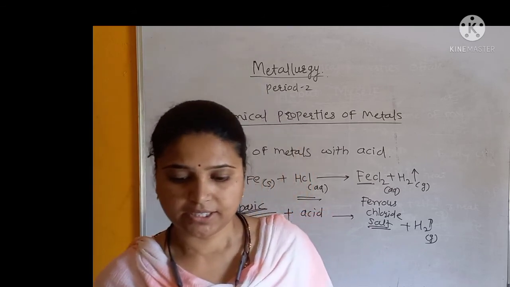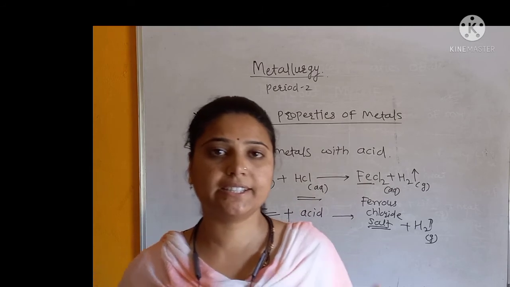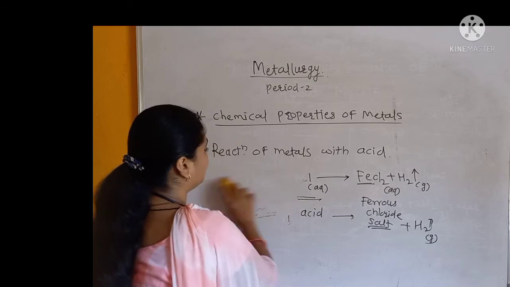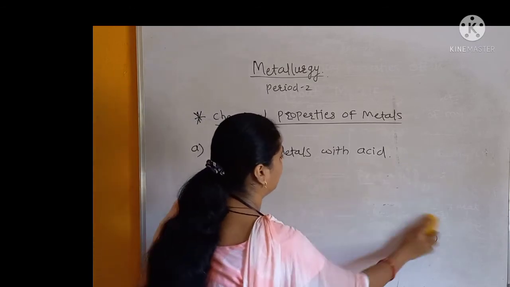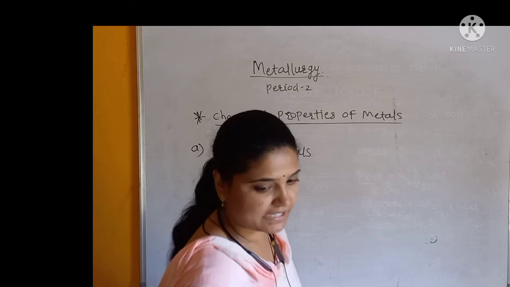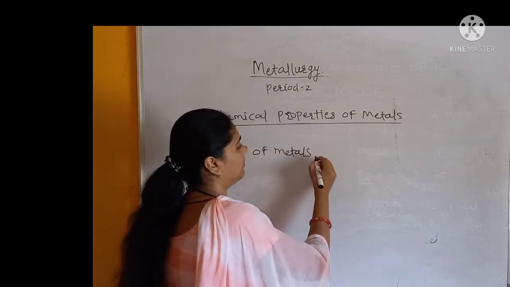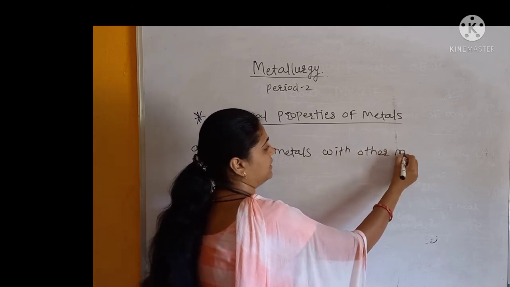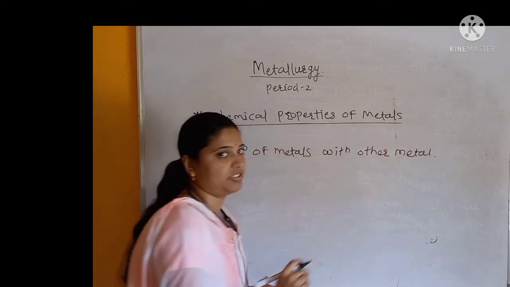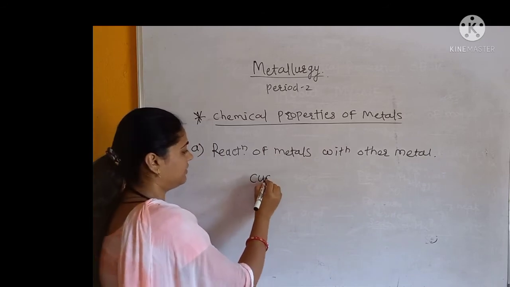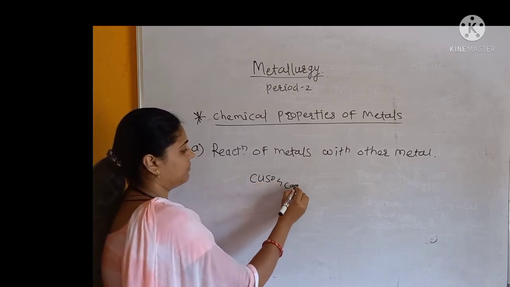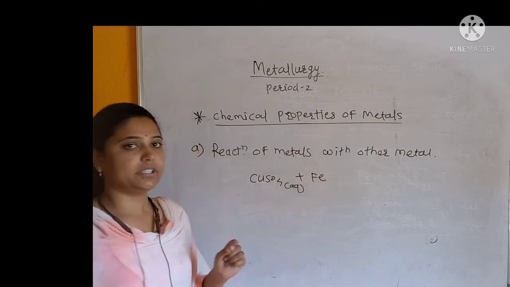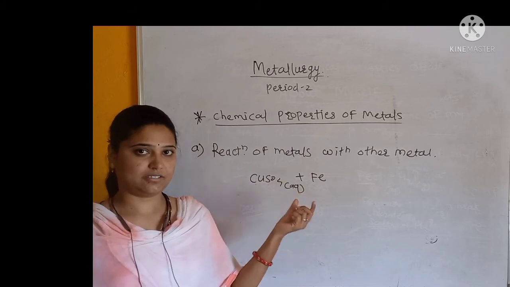So this is one chemical property, and the next chemical property is the reaction of metals with other metals. This is homework for you. Reaction of metals with other metals means two metals also react with each other. Suppose we take a solution of copper sulfate in a test tube, and in that solution we dip an iron nail.